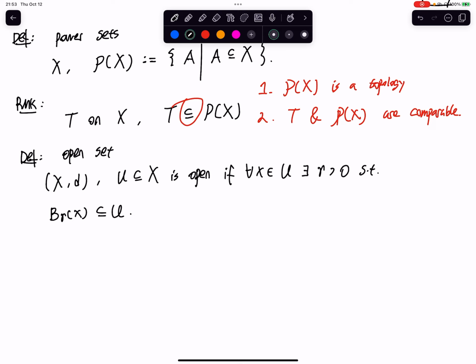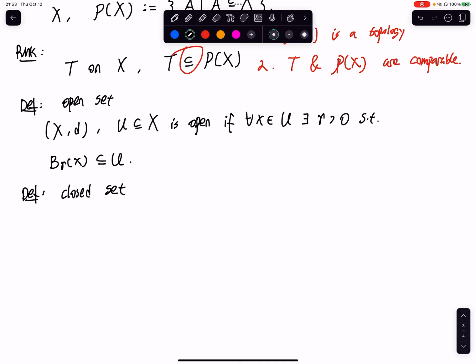And similarly, we can define the closed sets. The closed sets in a metric space: we say A in X is closed if X minus A is open.